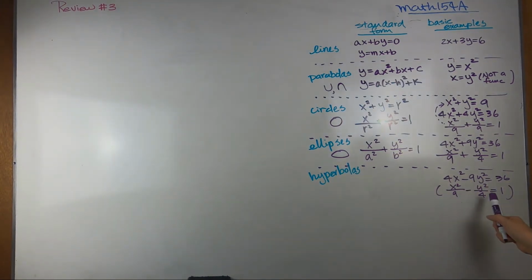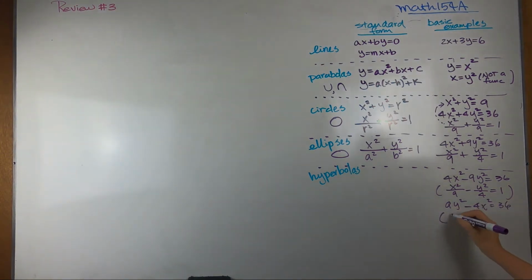So A is 3, B is 2. Or if you have 9y squared minus 4x squared equals 36, that means what? y squared over 4 minus x squared over 9 equals 1. But it's y squared minus x squared instead of x squared minus y squared.